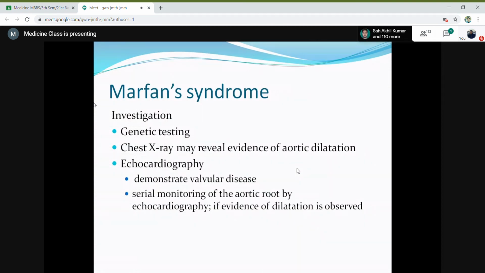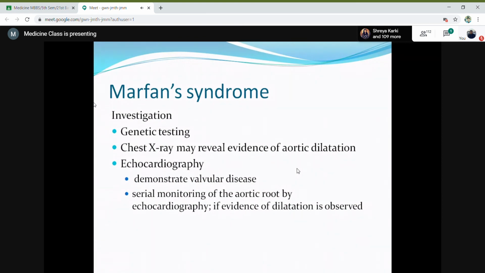For the investigation, genetic testing has to be done. Chest X-ray may reveal evidence of aortic aneurysm or dissection. Echocardiography demonstrates valvular diseases in the form of mitral valve prolapse, mitral regurgitation, or aortic regurgitation. Serial monitoring of the aortic root by echocardiography is generally suggested in these patients so as to plan for surgery or medical management.